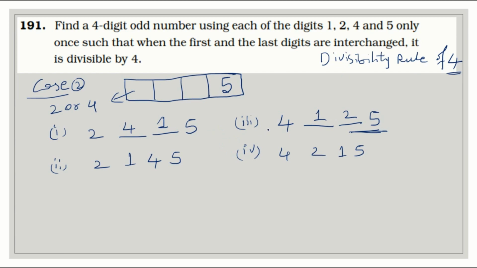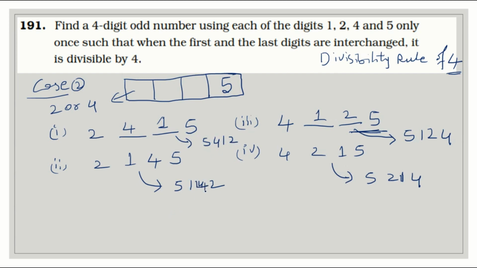Now here, after interchanging, this turns to be 5214, this turns to be 5124, this 5142, and this 5412.